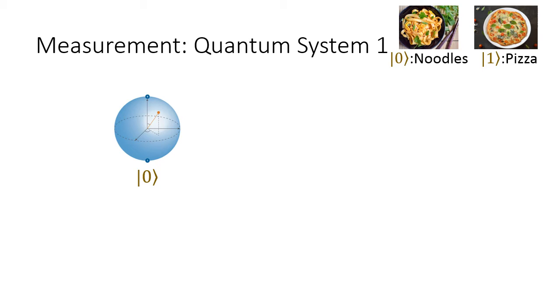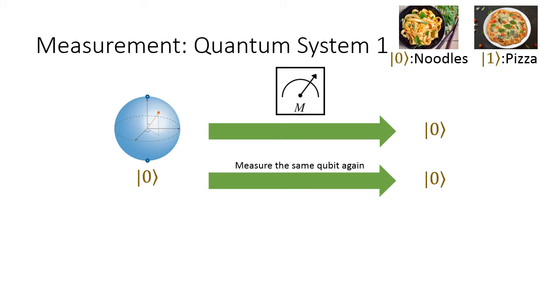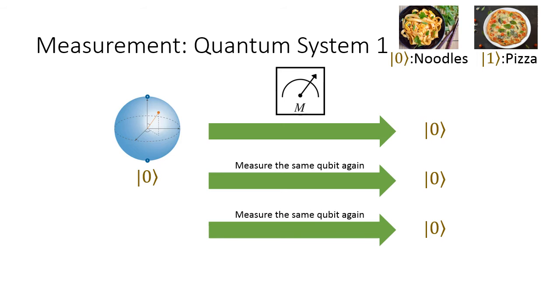When Alice wakes up, Alice used a sophisticated method to obtain the state of the qubit, which is 0. And then Alice measures the same qubit again. She obtains 0. And then she measures the third time, also obtaining the same result. So Alice decides to prepare noodles.